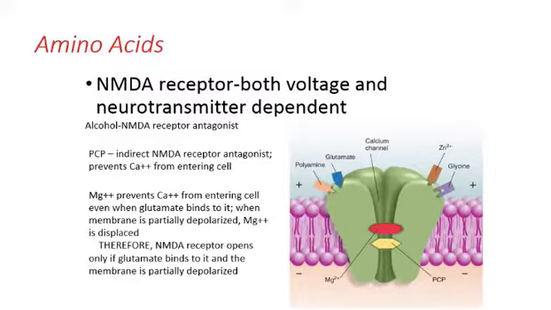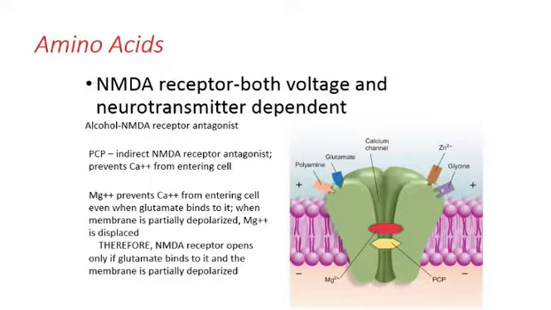So the NMDA receptor only opens if glutamate binds to it and the membrane is partially depolarized. If the membrane is partially depolarized, the channel is still not going to open because glutamate hasn't bound to it to start the opening process.